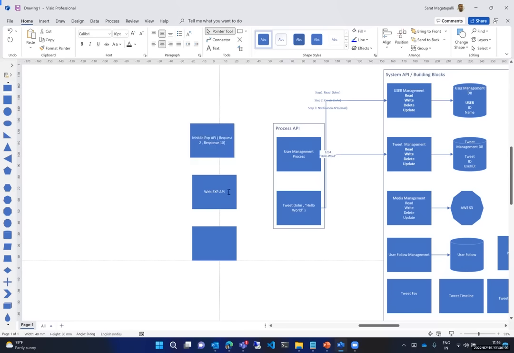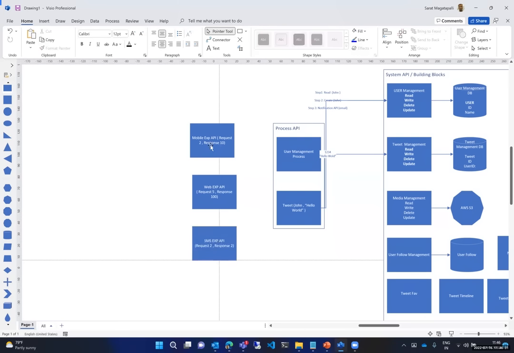Whereas in the web experience API, the request might have 5 parameters and the response might have 100 parameters. And you might have an SMS experience API, where the request might have 2 parameters and the response also has 2 parameters. You got it, right?